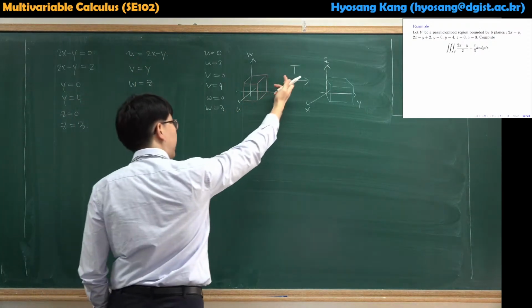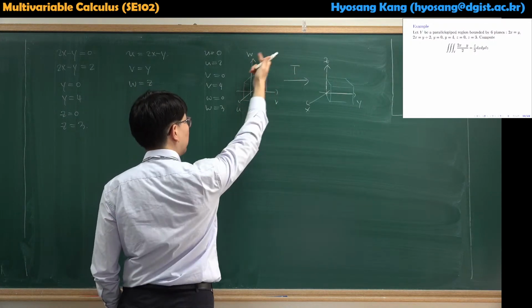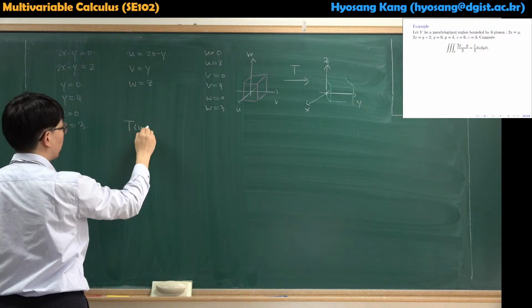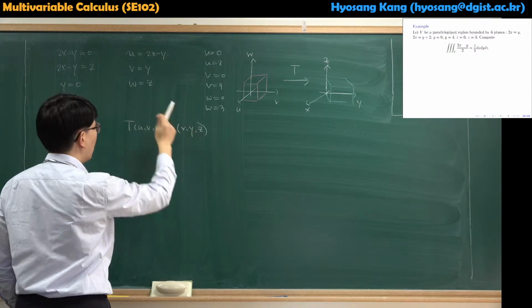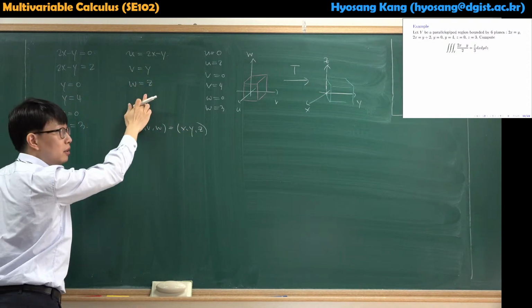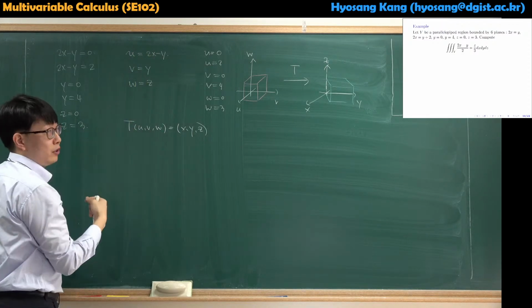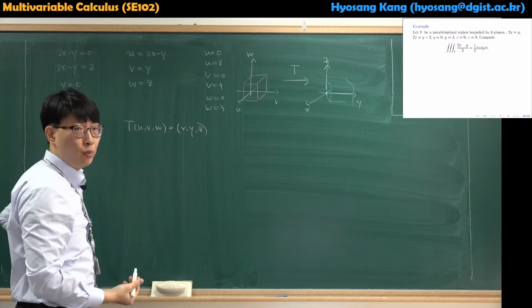But when you write your T, T is a function from u, v, w to x, y, z. Your expression is not x, y, z expressed in u, v, w, but instead u, v, w expressed in x, y, z.